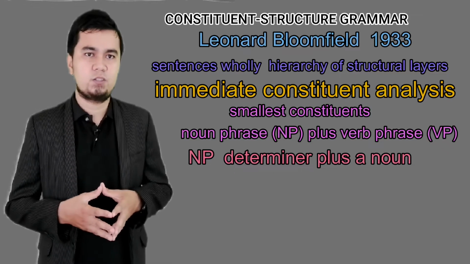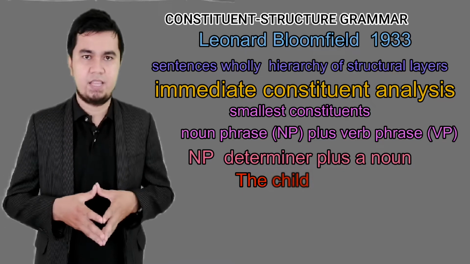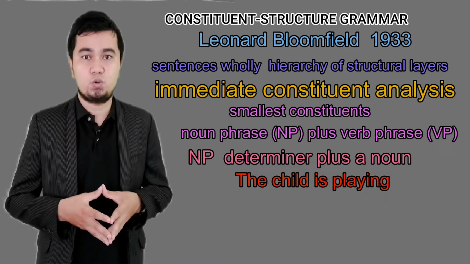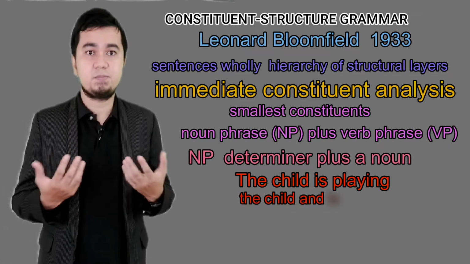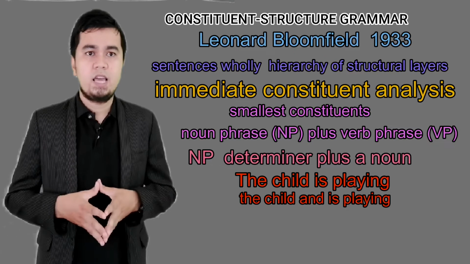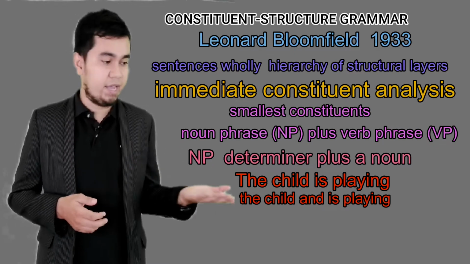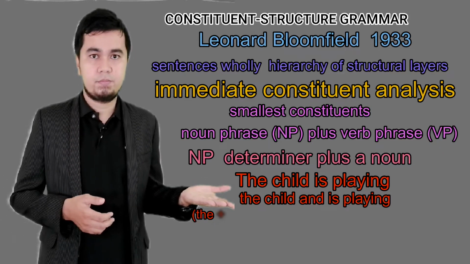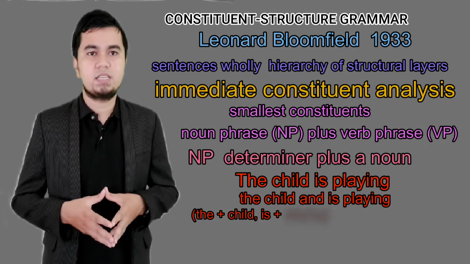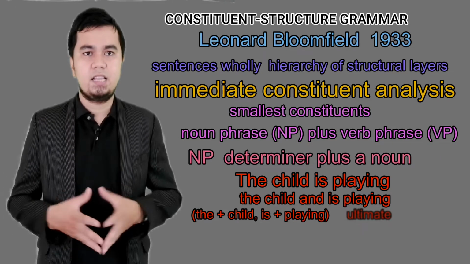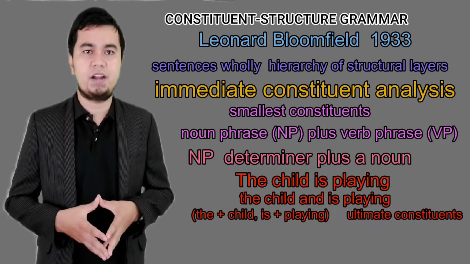So that's the constituent structural grammar. For example, in the sentence "The child is playing," each word is a constituent. The immediate constituents would be "the child" and "is playing." Those are the two. These in turn can be analyzed into immediate constituents, and the process continues until the irreducible constituents, called the ultimate constituents, are reached.